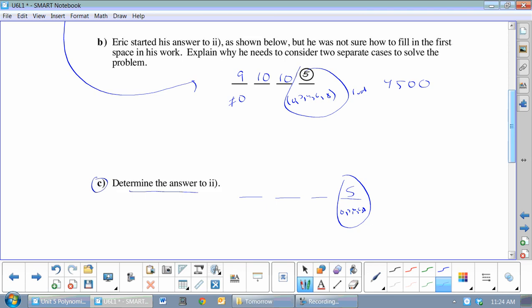How many choices do I have for the first one? 8. How many choices for the second one? 8. And how many choices for the next one? 7. Okay, does this make sense?